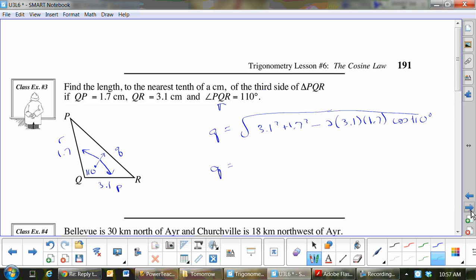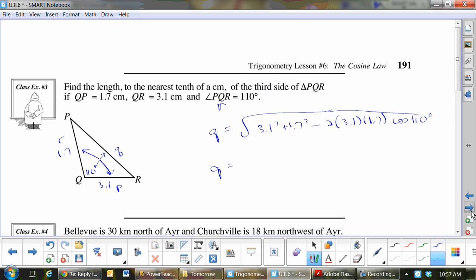Rarely in life do you get 2 chances. Just square root it.